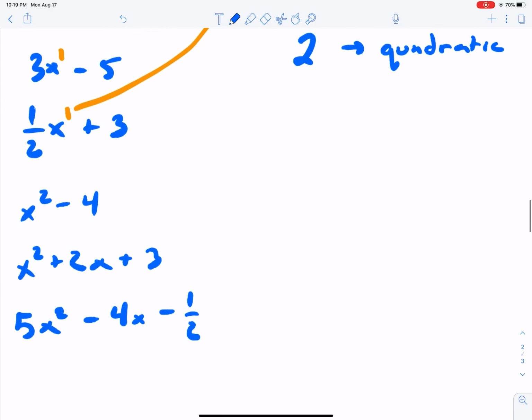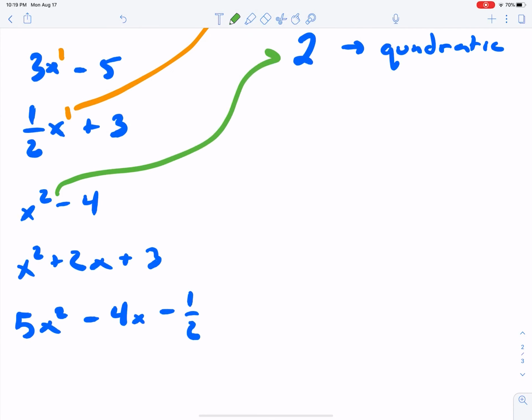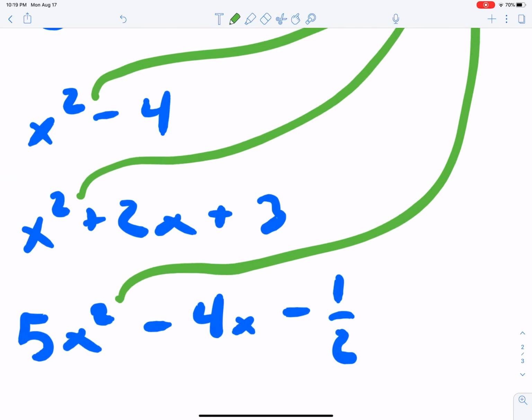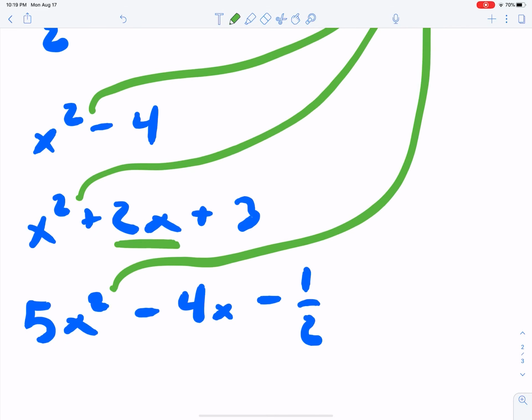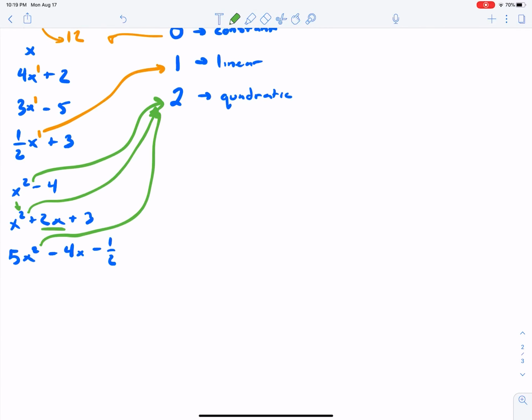If you take a look over here, the largest exponent is 2. Now in this example right here, there is a linear term, but again, remember, degree is referring to the largest exponent. So out of these three terms here, the largest exponent is 2. So we know to call it a quadratic.